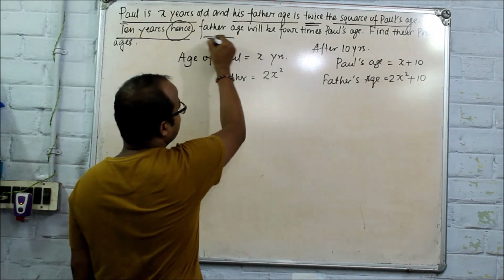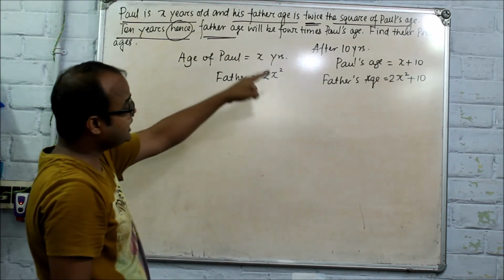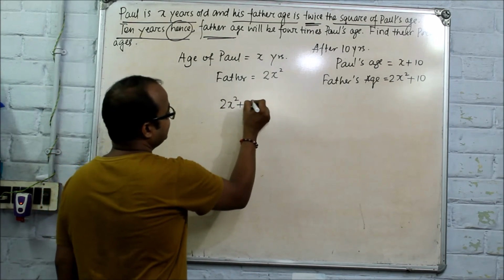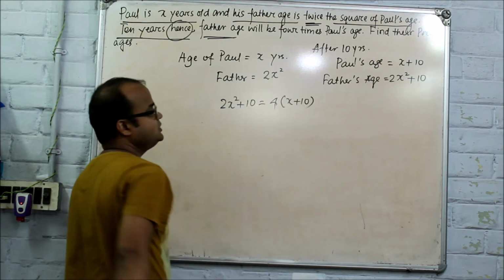Now the condition is given: the father's age will be 4 times Paul's age. So the father's age is equal to 4 times Paul's age.